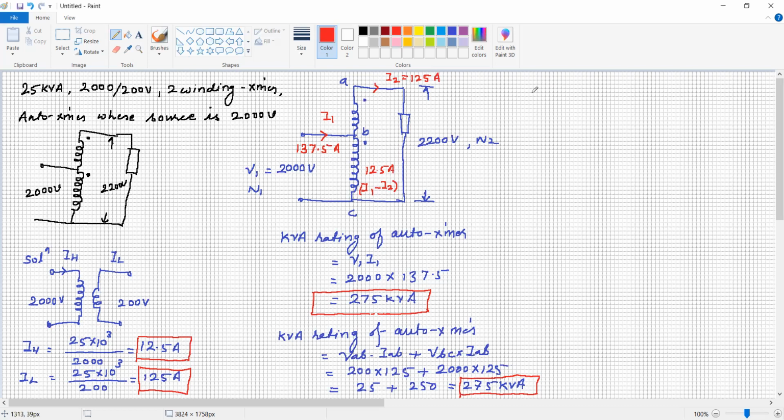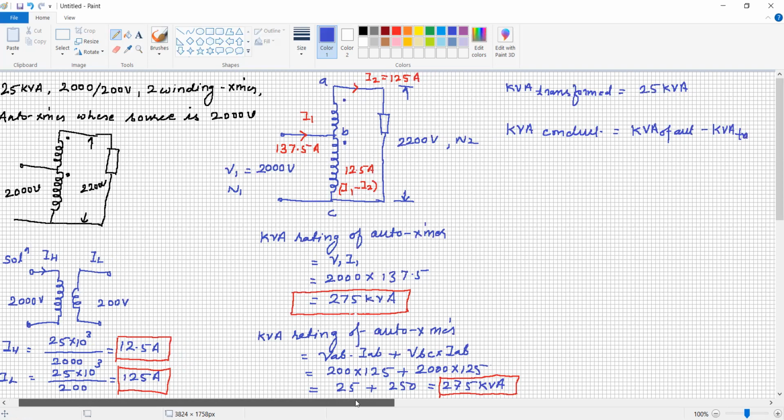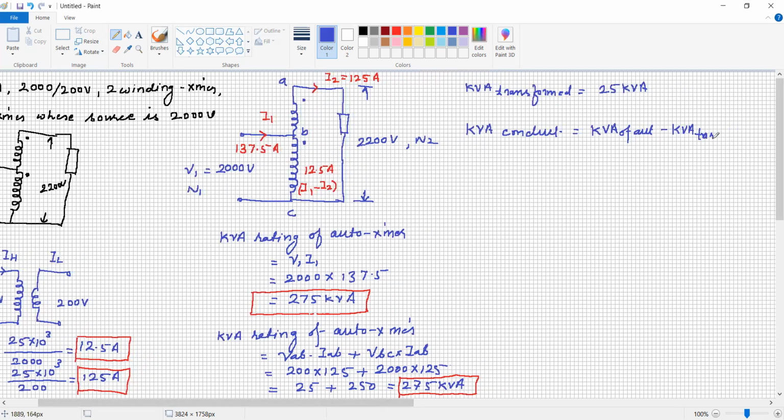From this, kVA transformed is equal to 25 kVA, and kVA conducted is equal to the kVA of the auto transformer minus the kVA transformed.